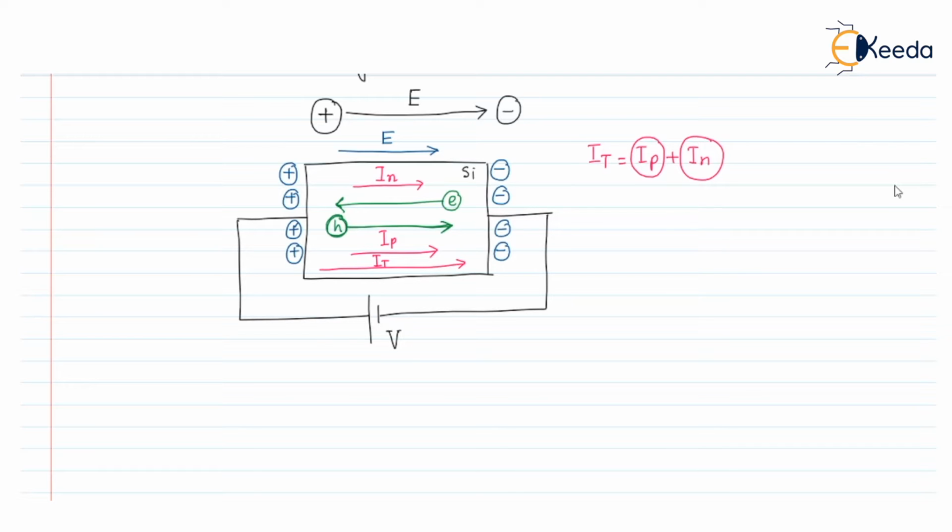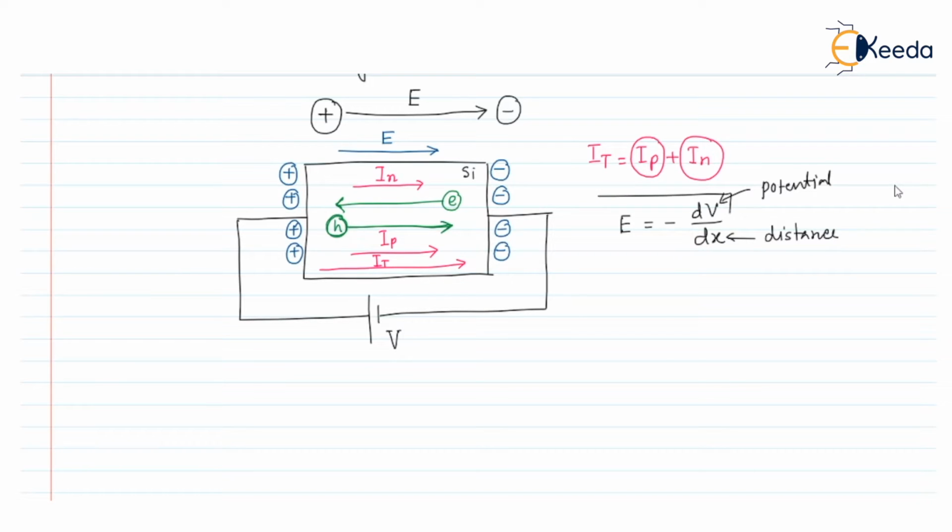Another thing: if I relate this electric field with the applied potential, it comes as E equals minus dV divided by dx, where V is the applied potential and x is the distance. How much distance is there between the potentials?